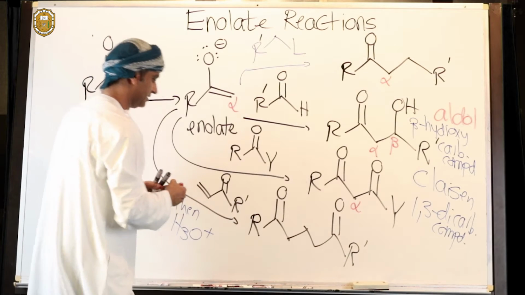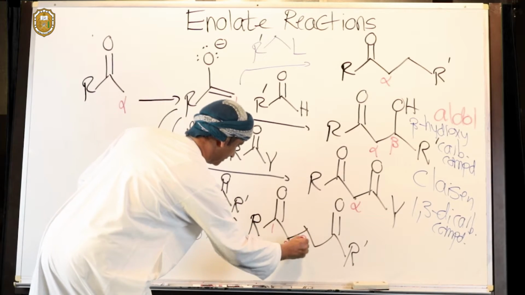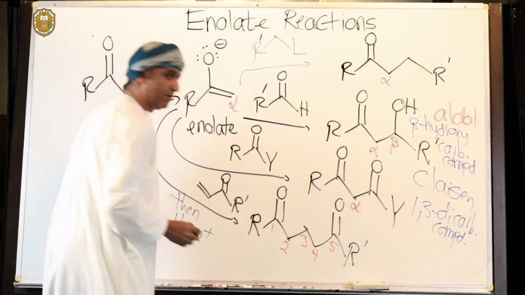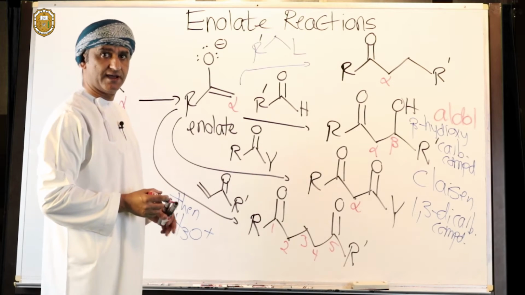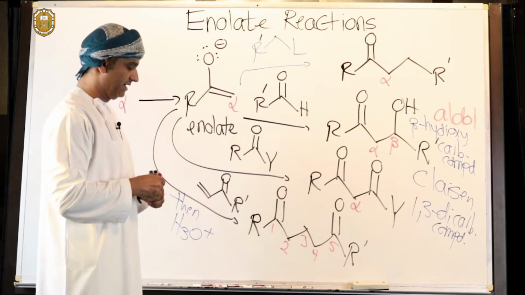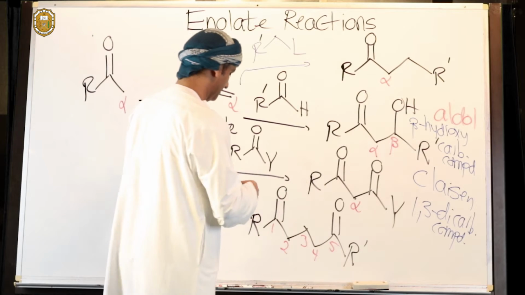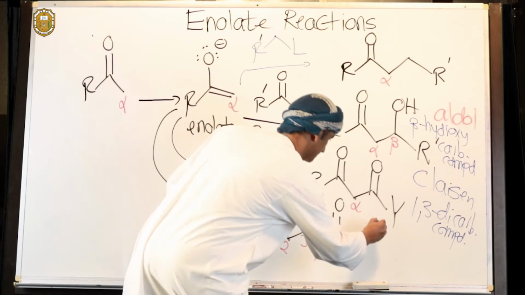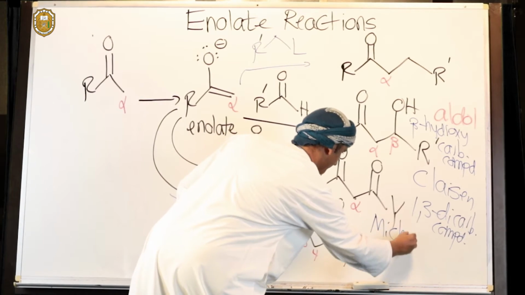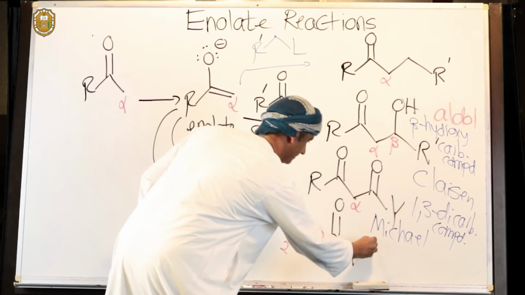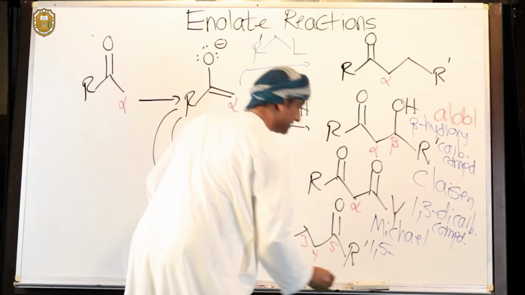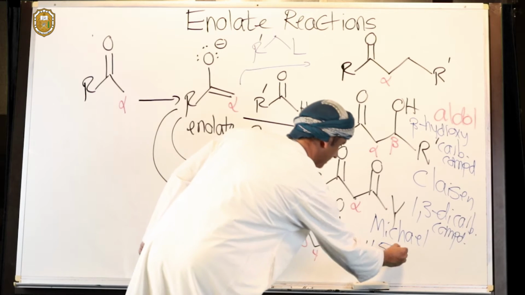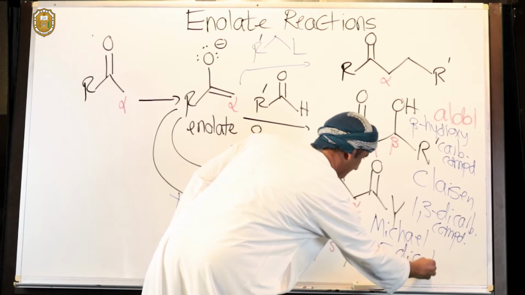And of course, we can number them again 1, 2, 3, 4, 5. This is a 1,5-dicarbonyl compound, and of course, this is Michael addition. So this is Michael addition, and this product is characteristically a 1,5-dicarbonyl compound.